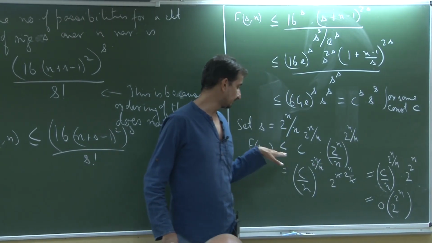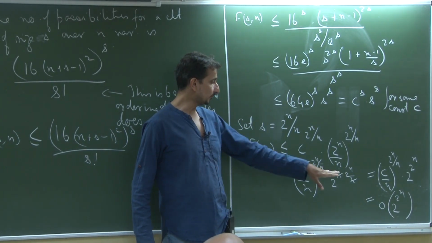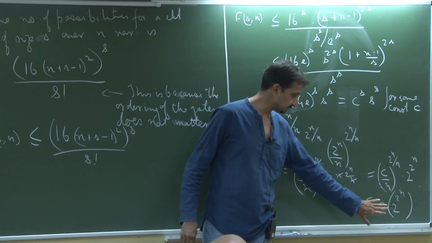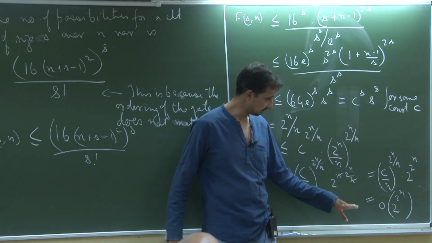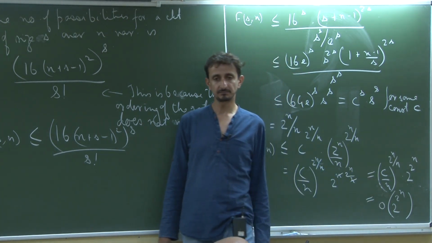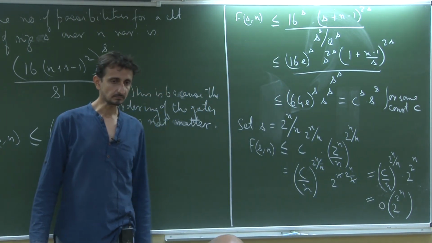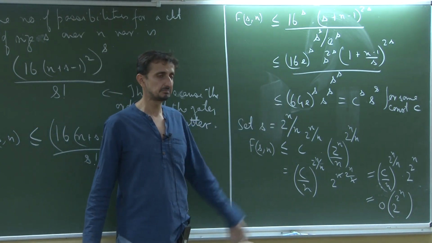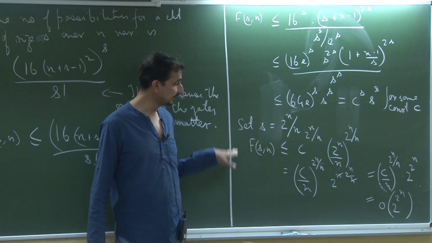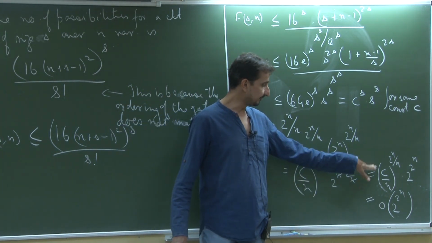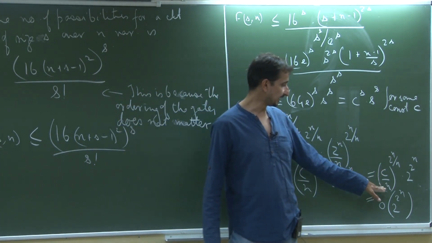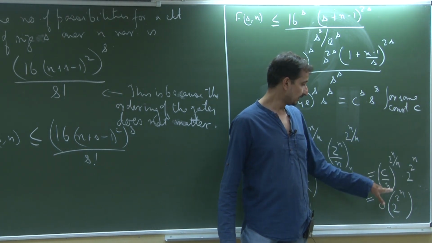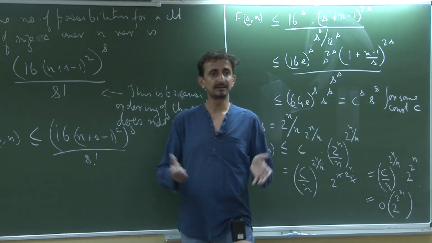You can put anything for s, nobody cares, but I want to put something which would simplify and give me an asymptotic quantity like this, where it is 2 to the power 2 to the power n multiplied with some quantity that tends to 0.